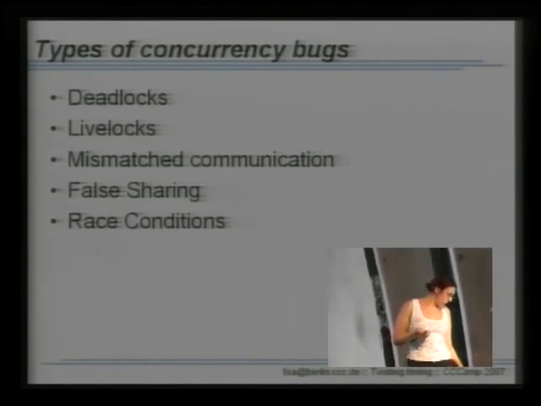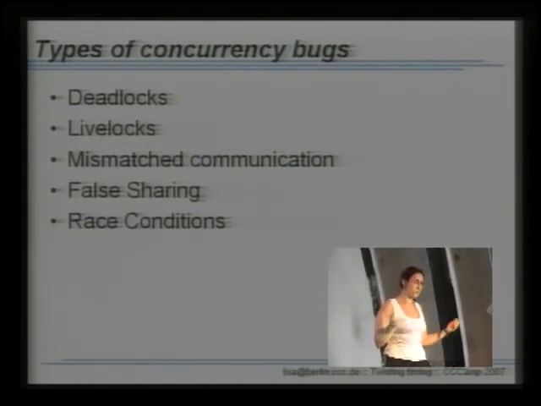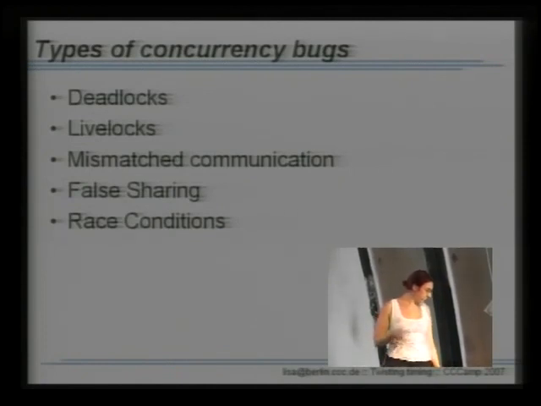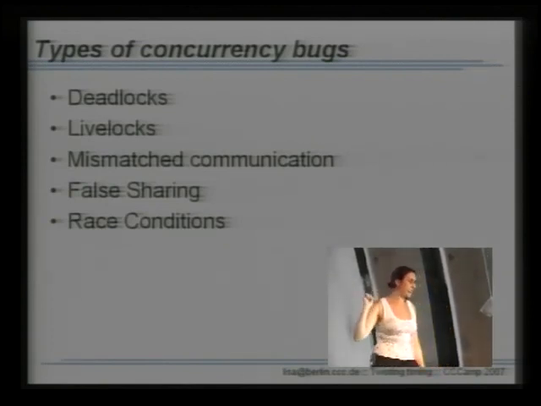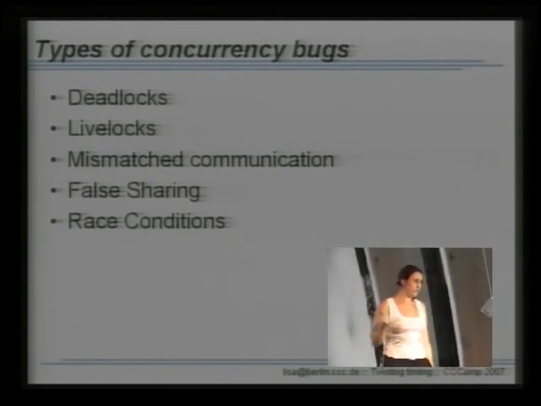And also, they're not very interesting for an attacker because usually when you hit a deadlock, that's basically the end of the line. So there's not much more in a deadlock than a denial of service, which is not all that interesting. Live locks and mismatch communication are the same. False sharing is just a performance issue. You can find more information on that in any operating system textbook. The interesting thing for an attacker are race conditions.